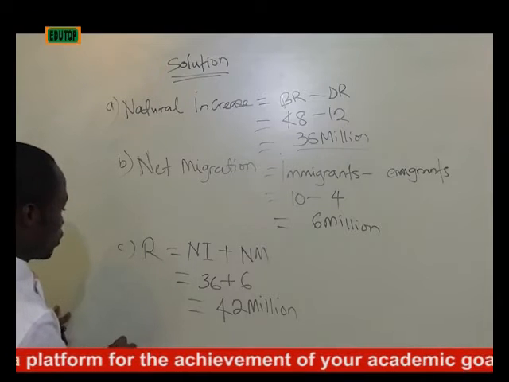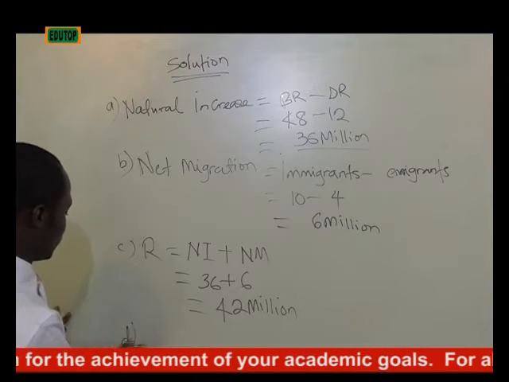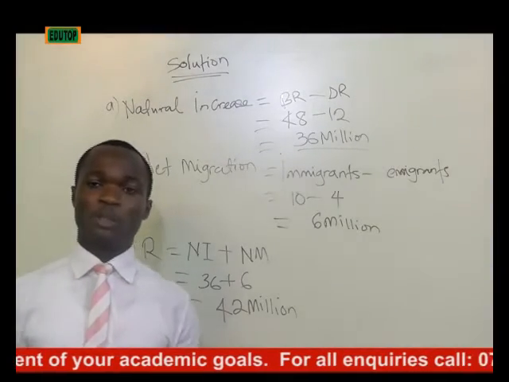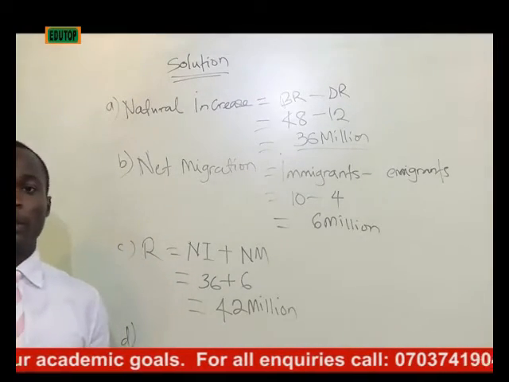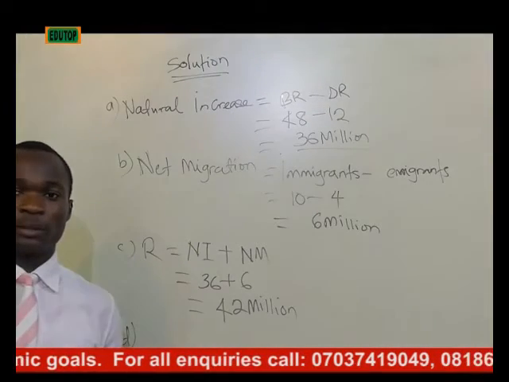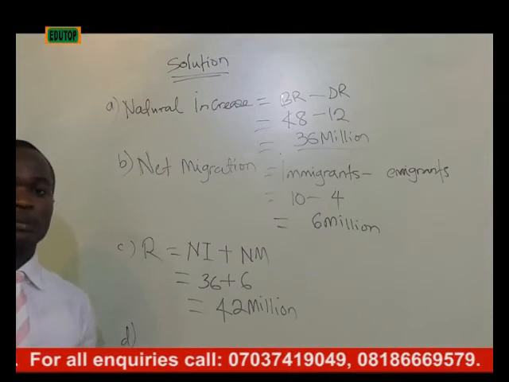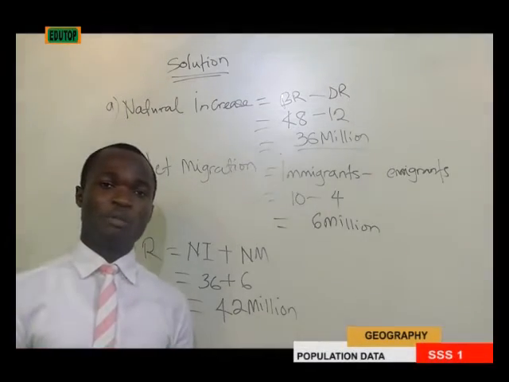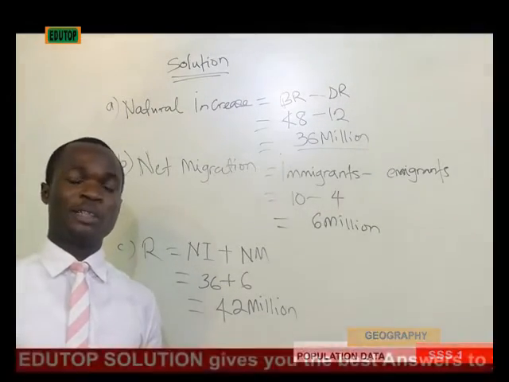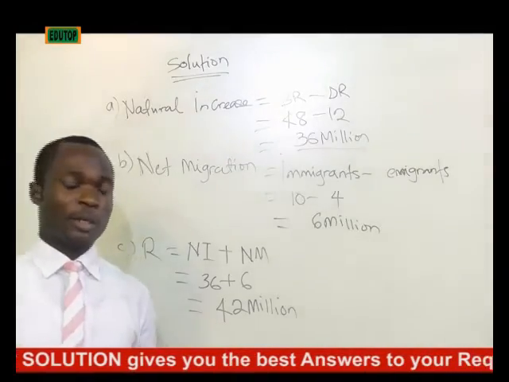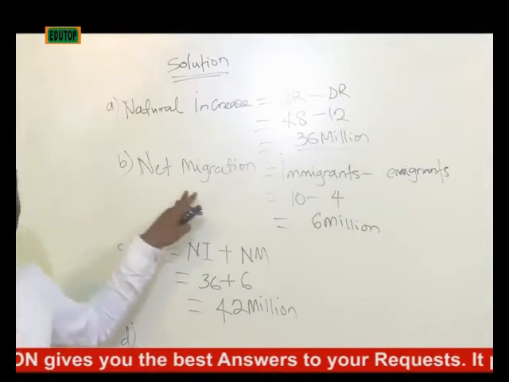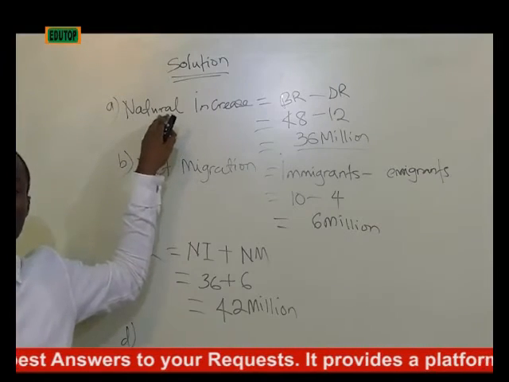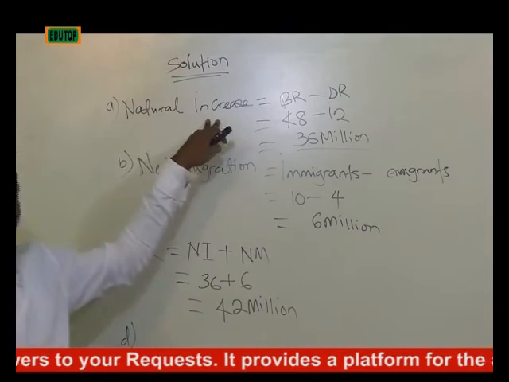Now, the next question says, what is the population of the country in 1996? For the population of the country in 1996, you add up the population in 1980 and then add the net migration and the natural increase.